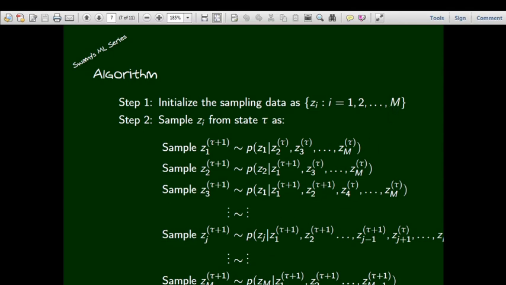Zm tau plus 1 is distributed probabilistically, P of Zm. I select Zm such that already m minus 1 elements are in my packet, that is Z1 tau plus 1, Z2 tau plus 1, etc., Zm minus 1 tau plus 1, and I am choosing the last one. There is no conditioning on the available items because I am selecting the last one.